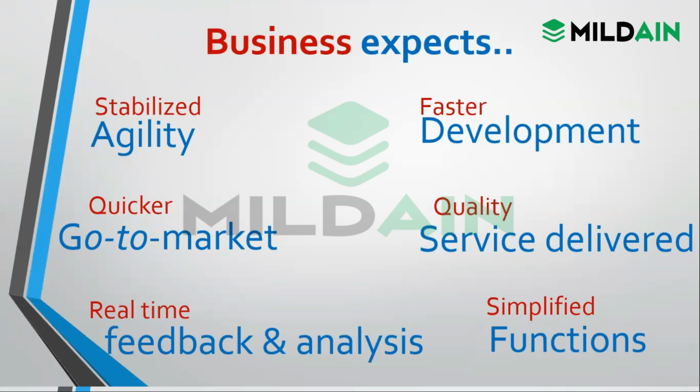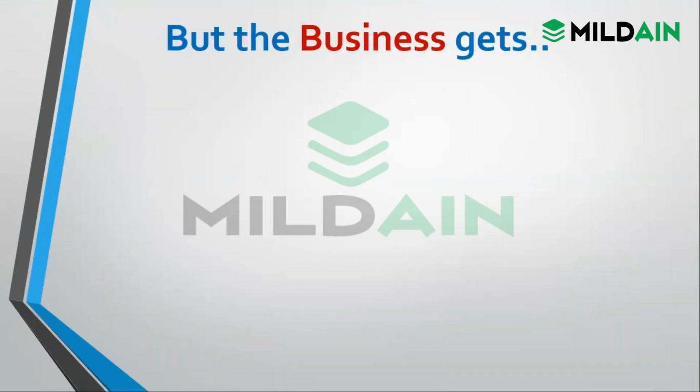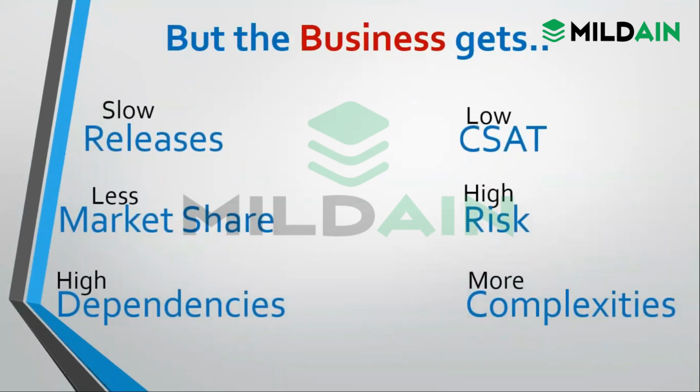Agility is there now, but due to the traditional model, the business is getting slow releases, low CSAT, customer satisfaction, and less market share. There is a high dependency: when the developer has worked, then testing will start, and after testing, operations will start. So there is high risk and more complexity.